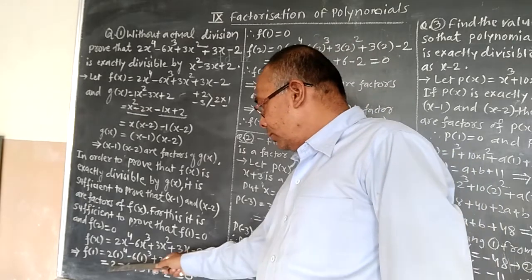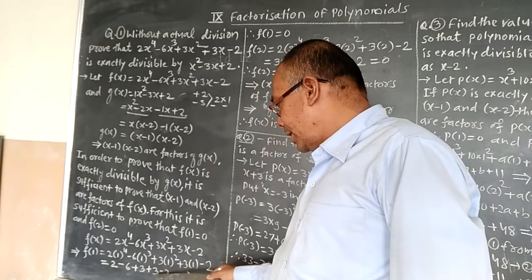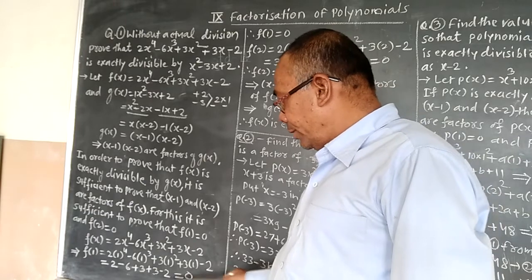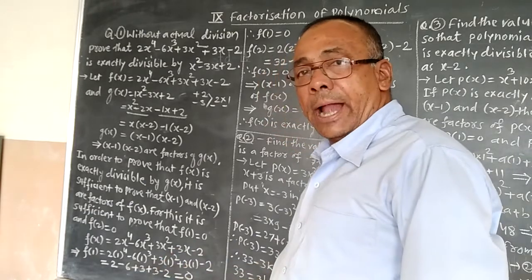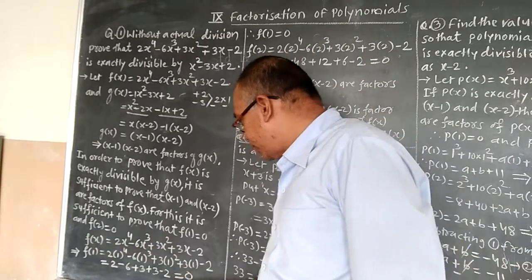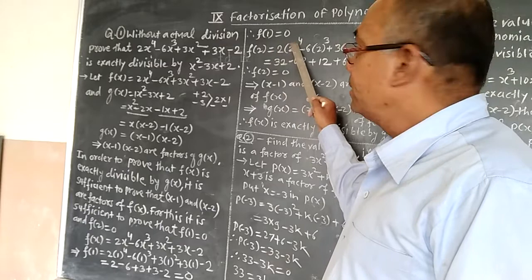Therefore we get 2 - 6 + 3 + 3 - 2. If we add and subtract, we get f(1) is equal to 0.